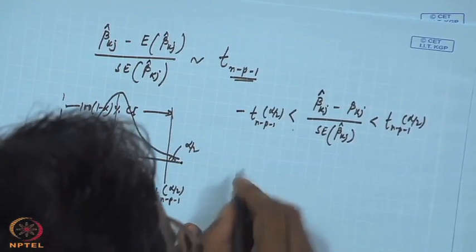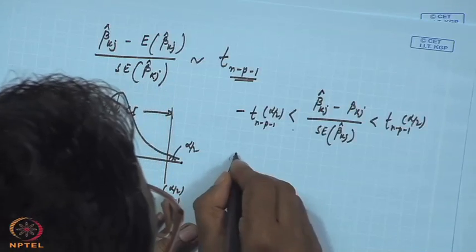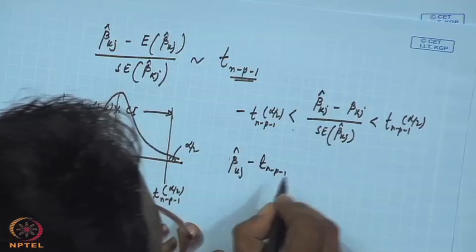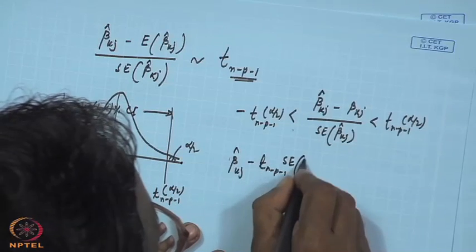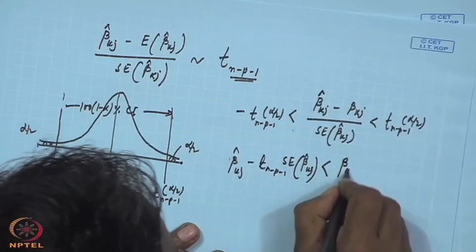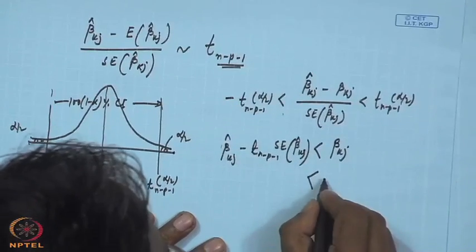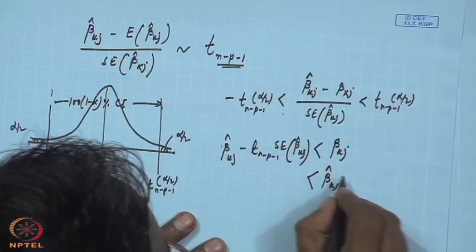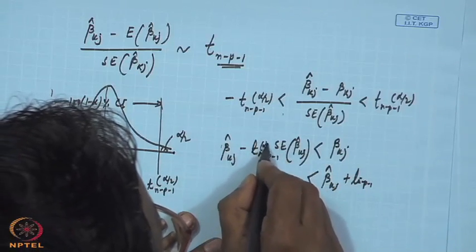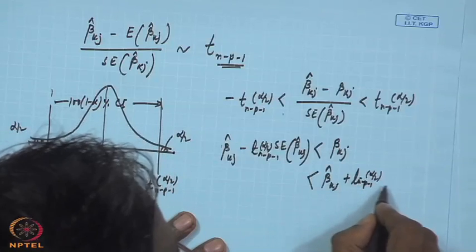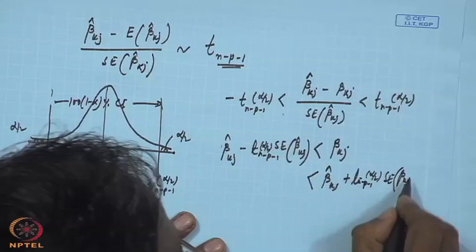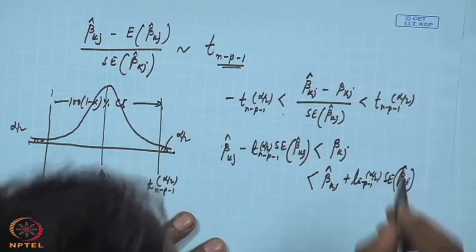So, ultimately what will happen, your confidence interval will become beta kj cap minus t with n minus p minus 1 degrees of freedom, alpha by 2, times SE of beta kj cap, less than beta kj, less than beta kj cap plus t with n minus p minus 1 degrees of freedom, alpha by 2, into the standard error of beta kj cap.